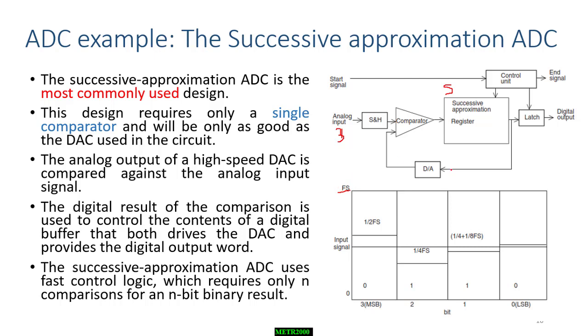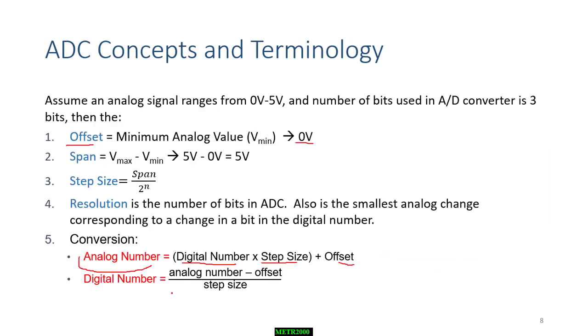So the first output of the successive approximator, which is a 4-bit successive approximator, will be 1, 0, 0, 0. Now convert this into an analog value. How do I convert this? Go back to this equation over here.